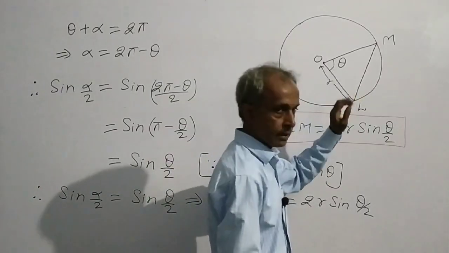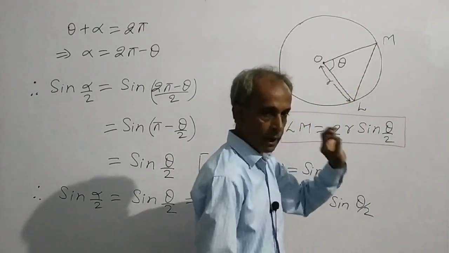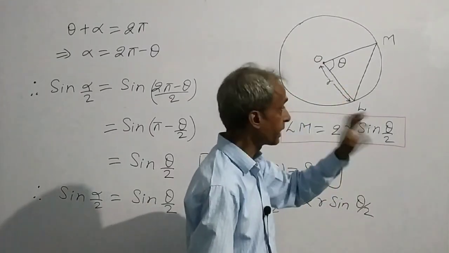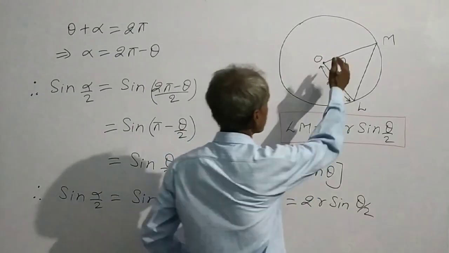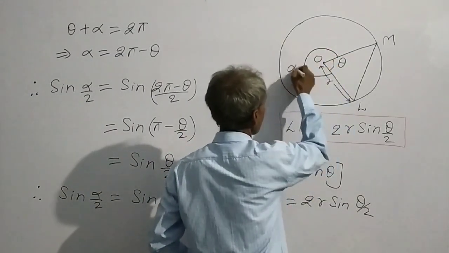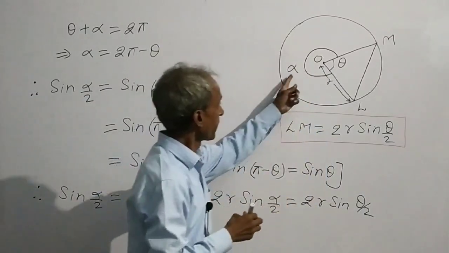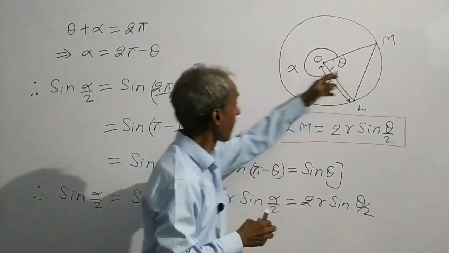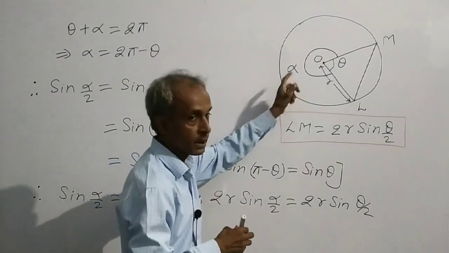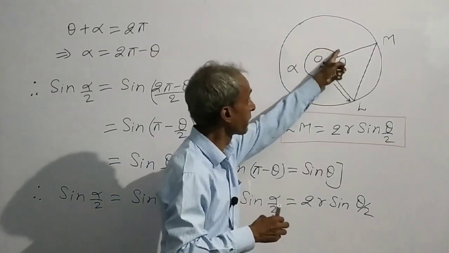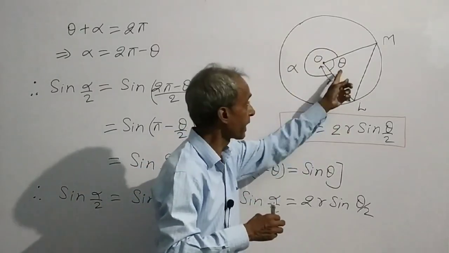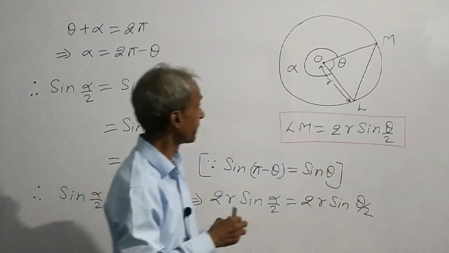In this figure, theta appears to be less than 180 degrees. Suppose this angle is alpha. Then alpha plus theta will be 2 pi, and alpha will be greater than 180 degrees if theta is smaller than 180 degrees.